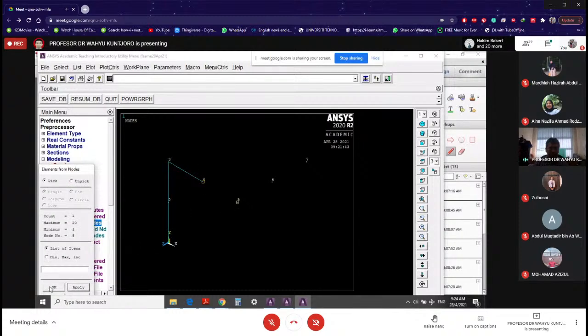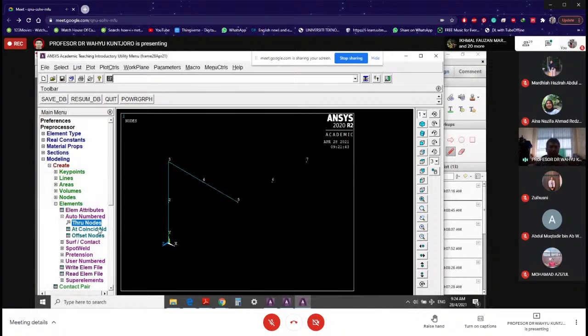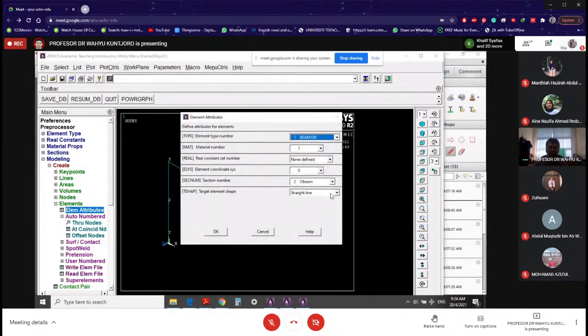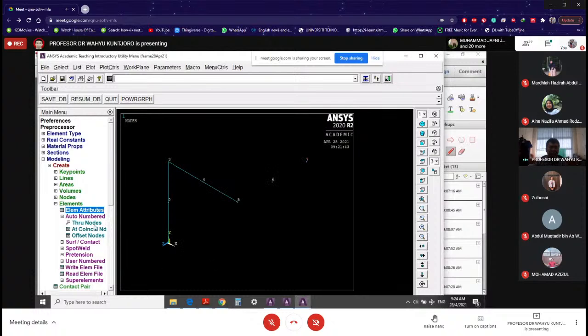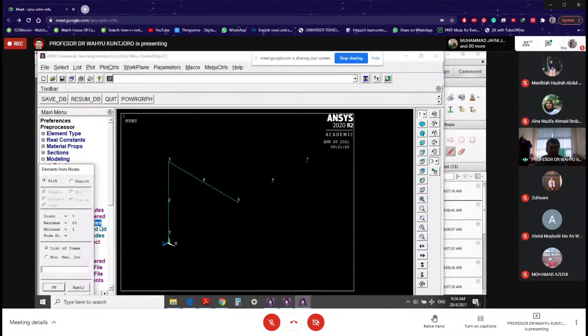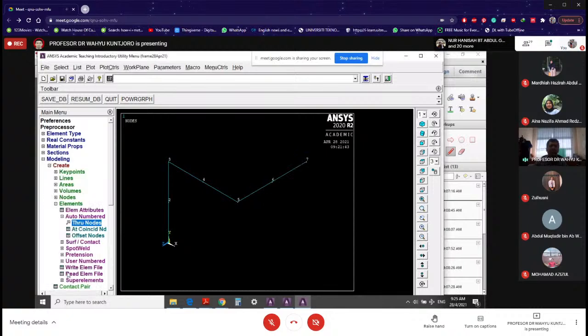I click OK now. And finally, the last segment is based on T channel, T beam. Then I'm going to do auto number through nodes. Fine. So we have done our meshing.